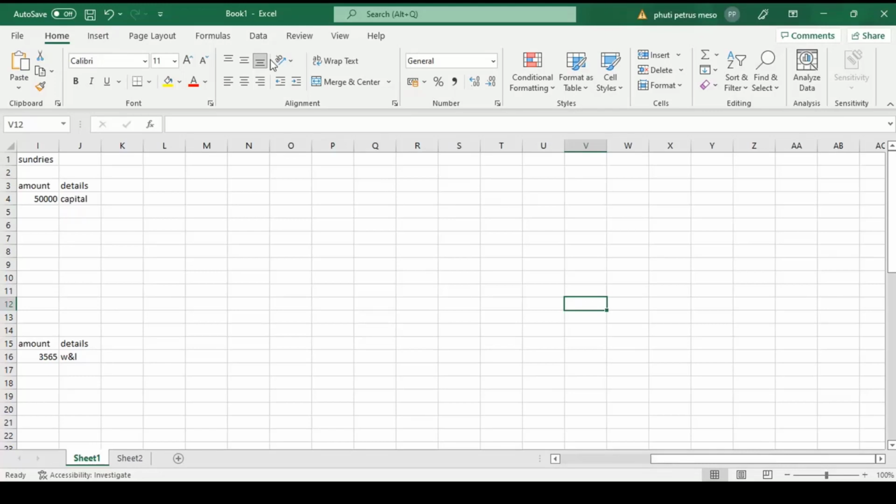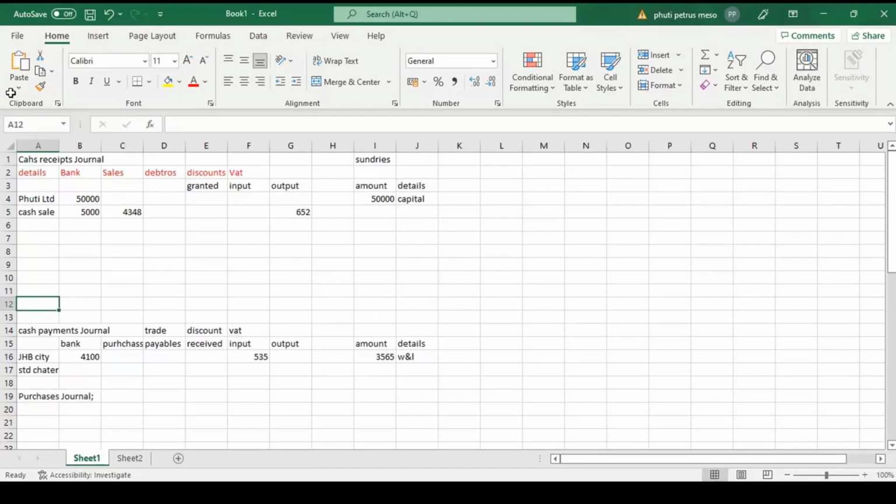I'm sorry, we're experiencing load shedding, so my network is bad. And then put the amount before VAT under trade payables. Okay. Just bear with me. How much is it on the bank?